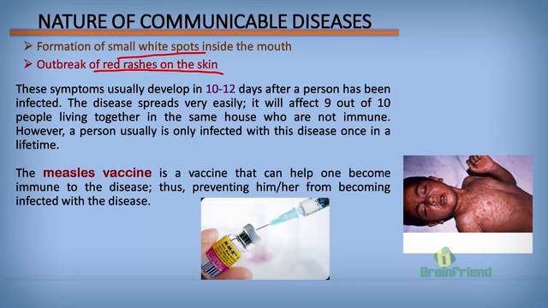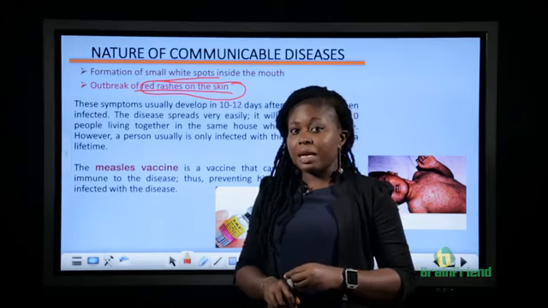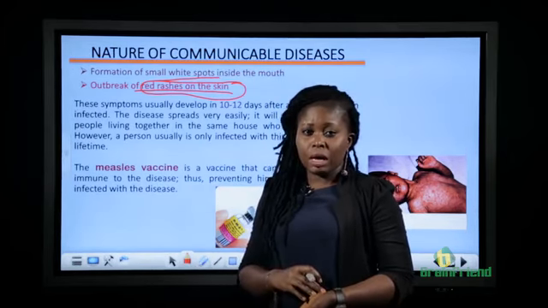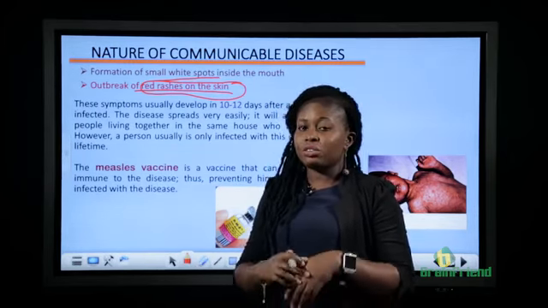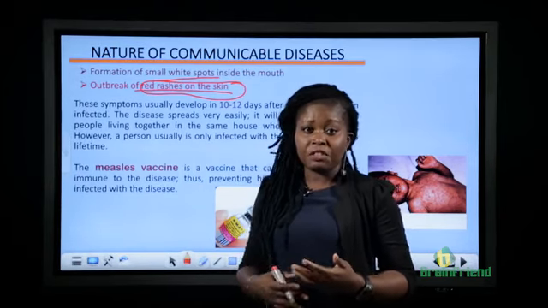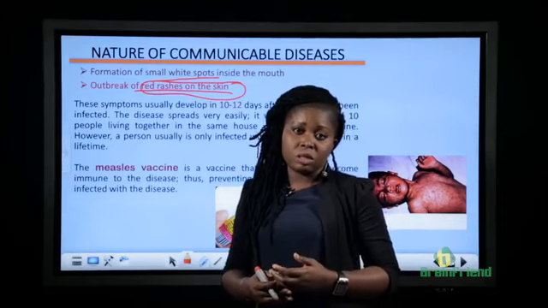Most of the time, this outbreak of red rashes is what we actually see, and we say, oh, this person has measles. But before those red rashes come out through the skin, there are various signs and symptoms that people who have come down with this virus actually feel.